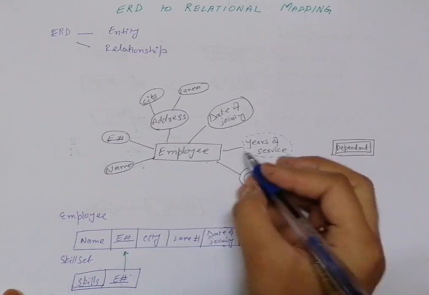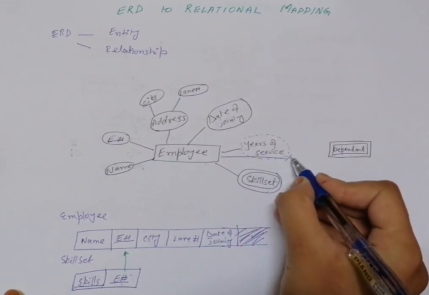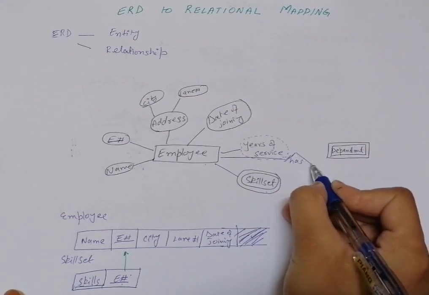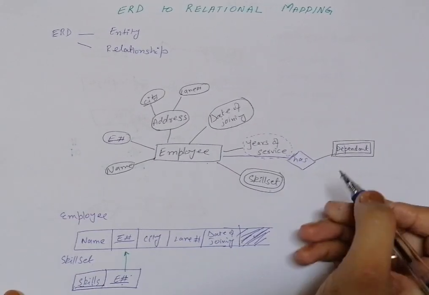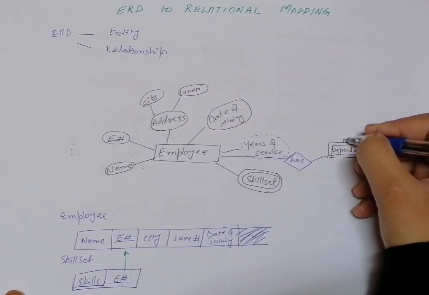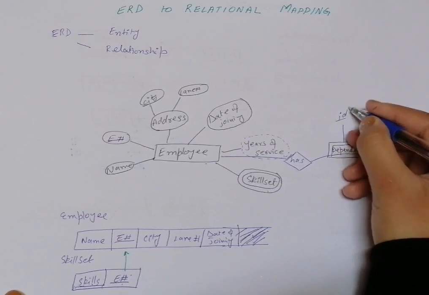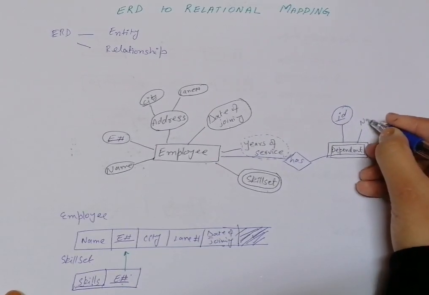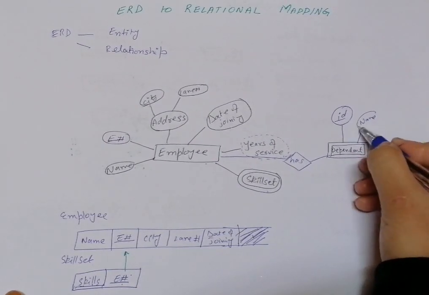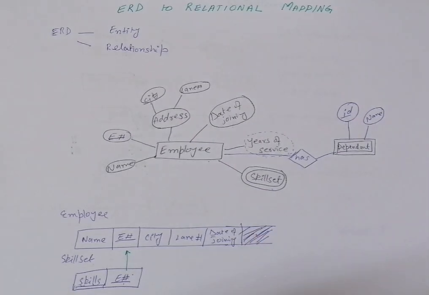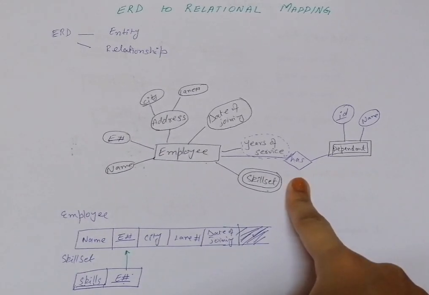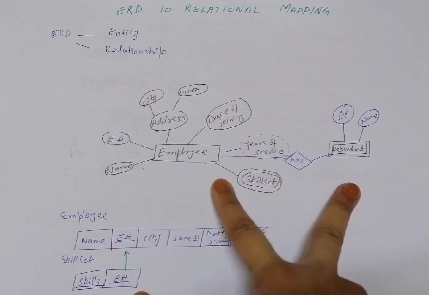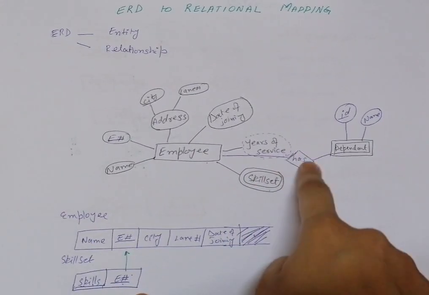So let's say I'll create a relationship between these two: employee has dependents. Dependents also has an identifier ID, and also a name attribute. In order to model this type of structure, you have another entity and a relationship. I will not discuss this relationship now. I'm only discussing the entities here, so for the time being I'm ignoring this one.